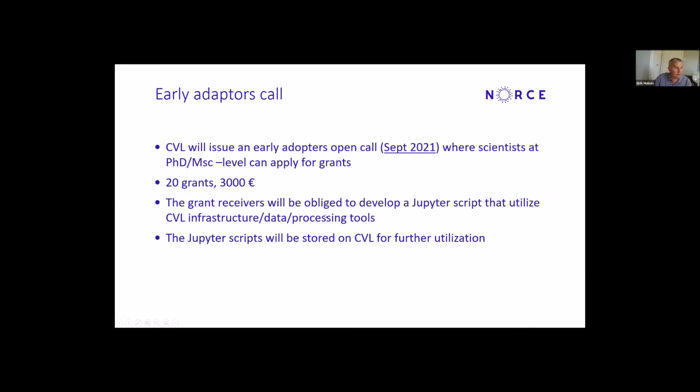At the current time, we're soon going to open a call where early adopters can apply for funding.